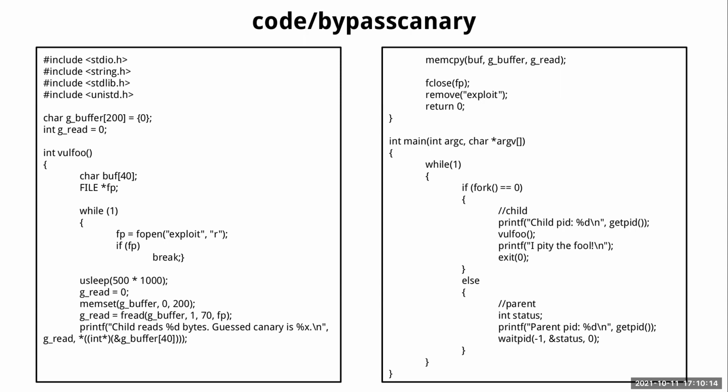I'm not really receiving input from the web or internet. Instead, the child just opens and reads a local file. On the right-hand side, you can see the main function. The main function is a big while loop. Inside this loop, we have a fork, and fork is a system call.